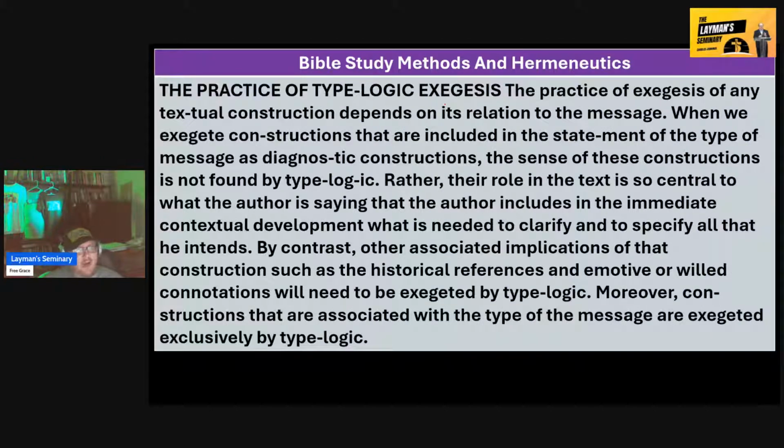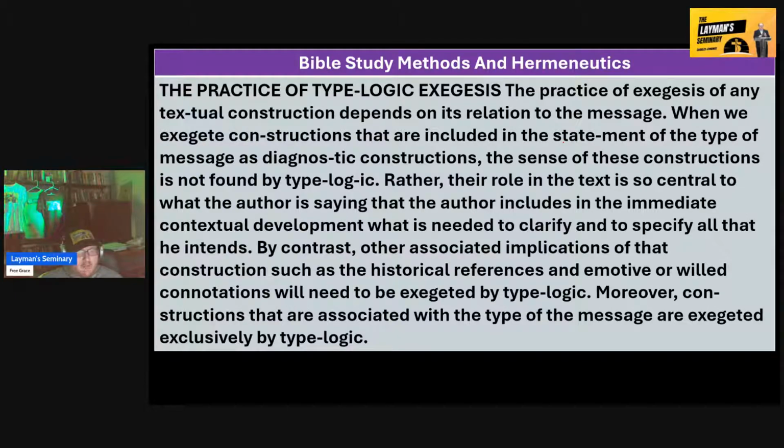The practice of type logic exegesis. The practice of exegesis of any text or construction depends on its relation to the message. When we exegete constructions that are included in the statement of the type of message as diagnostic constructions, the sense of these constructions is not found by type logic.